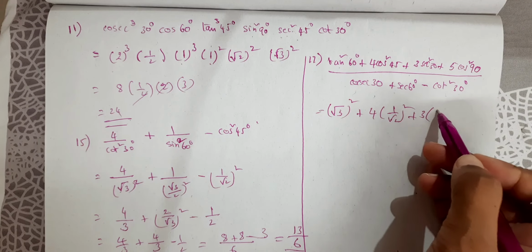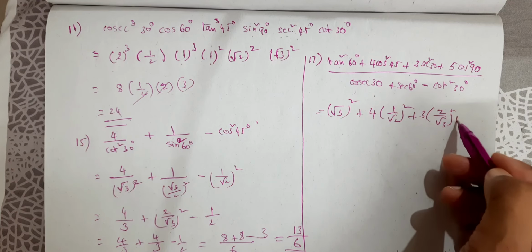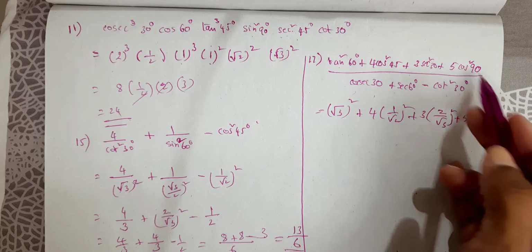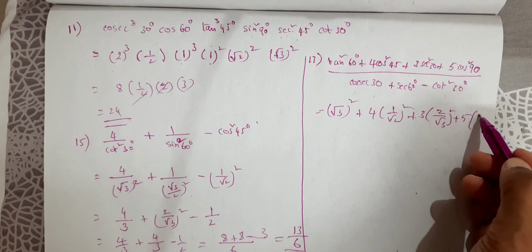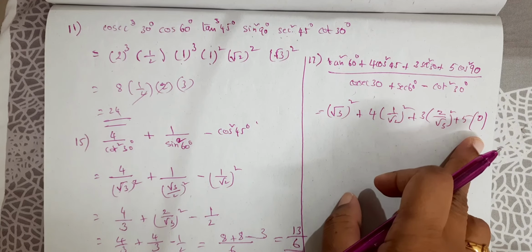Cos 30 is root 3 by 2. So this is 2 by root 3 whole square plus 5 times cos square 90. Cos 90 is 0.